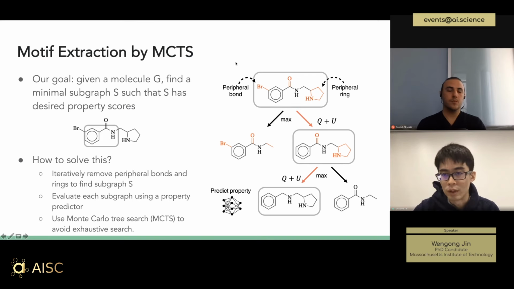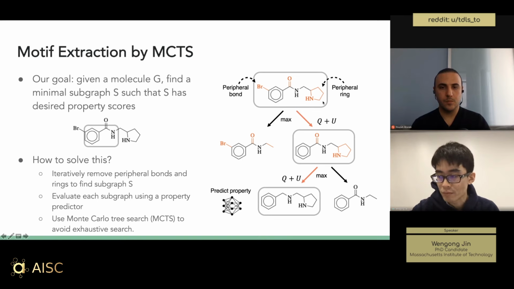As you can see from the right, at a high level, we iteratively remove peripheral bonds or rings if the remaining subgraph still has a high predicted property score.